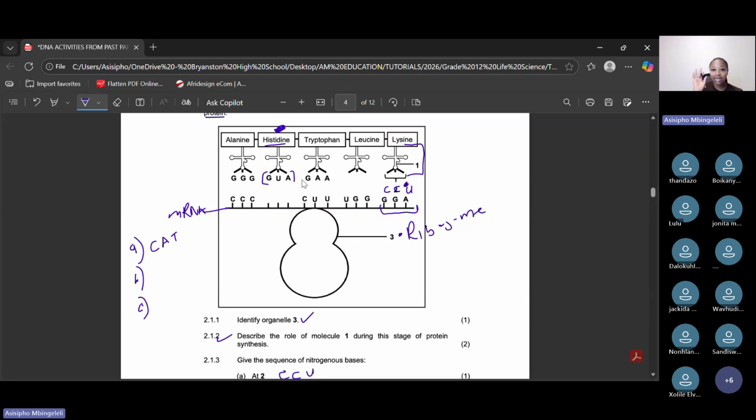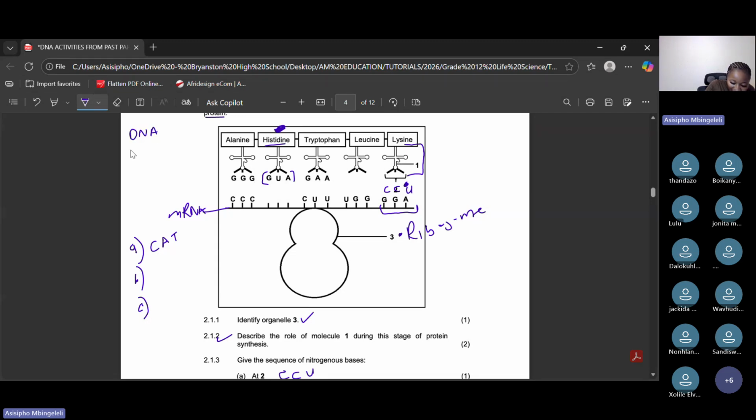So they've given us the anticodons for histidine, and now they want DNA triplets. Now, before we get to DNA triplets, we need to be able to find messenger RNA codons first. So let's look at the sequence of the strands that are formed. Where does it all start? We start with DNA, and then we use our DNA to form messenger RNA.